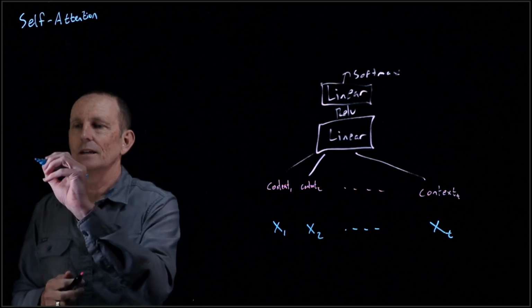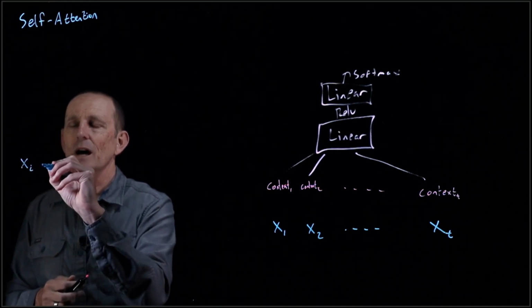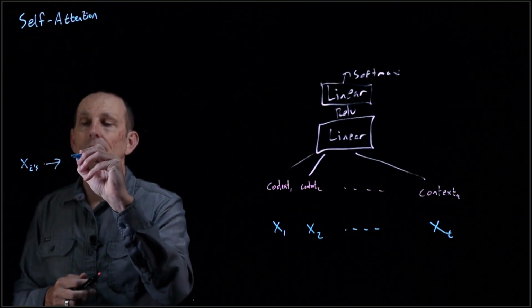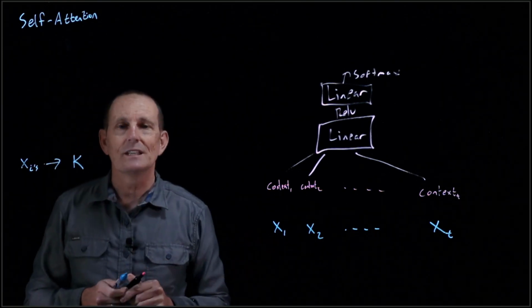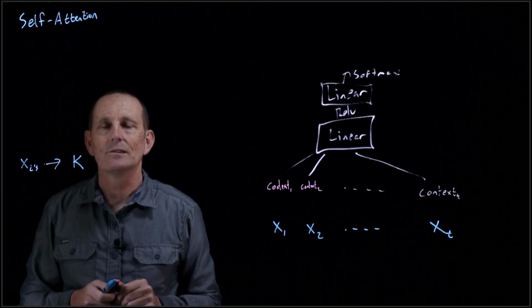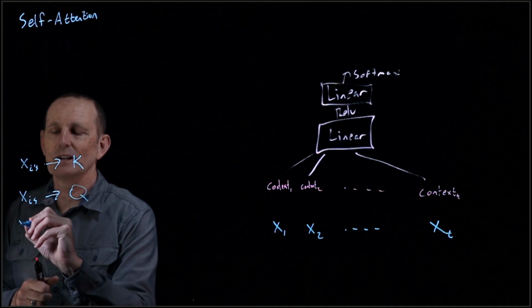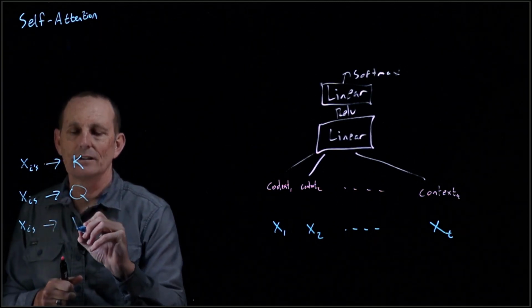We are going to take our x's, and we're going to generate keys. We're going to also send in our x's and generate queries. And finally, we're going to send in our x's and generate values.